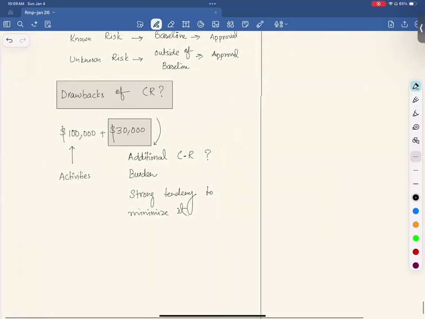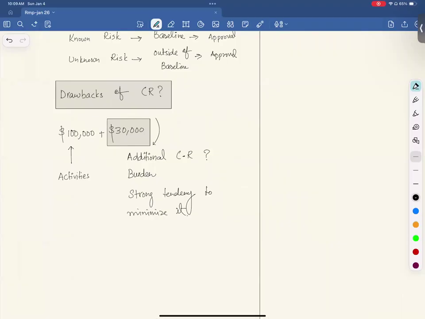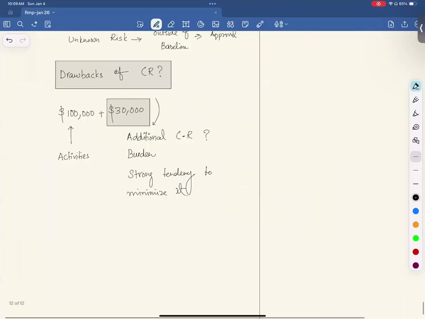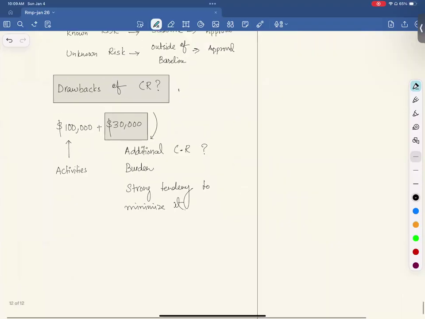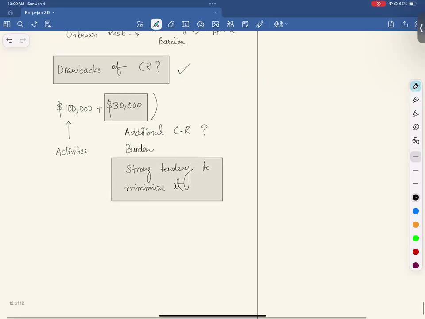Okay, so some of you answered option B, but the correct answer is option A, I guess. The negative side or drawback of contingency reserve is that it has a strong tendency to minimize the overall allocation to the project.